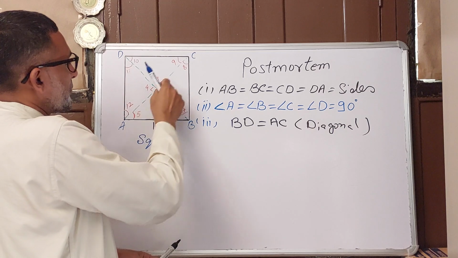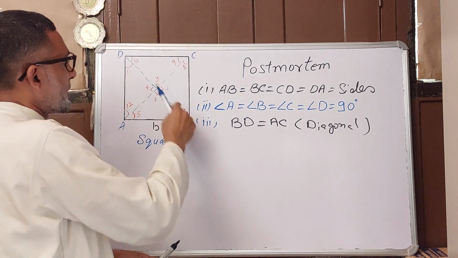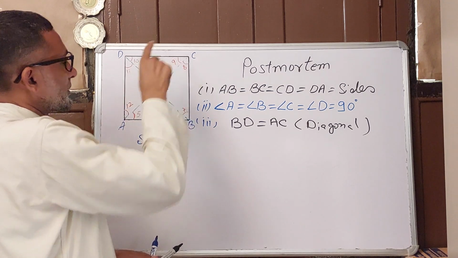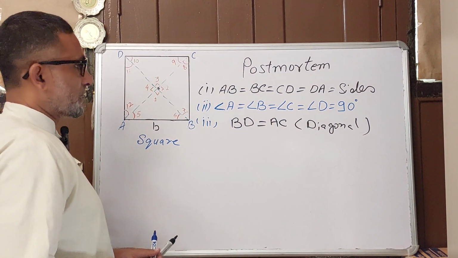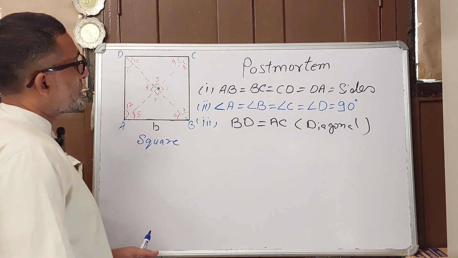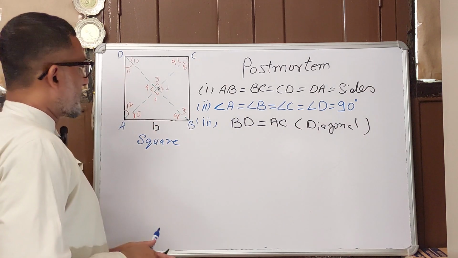So what will be the hypotenuse here? Here also the same hypotenuse. If AC and BD are hypotenuses of these triangles, they will always be the same. So you understand these three things. Now I will go further to check what is at the center point.